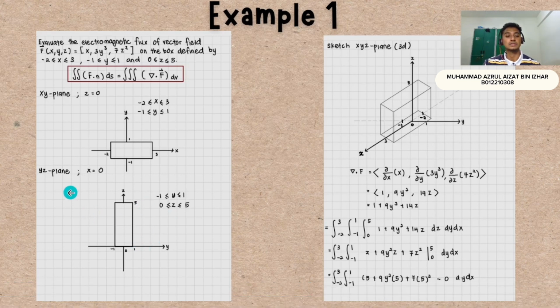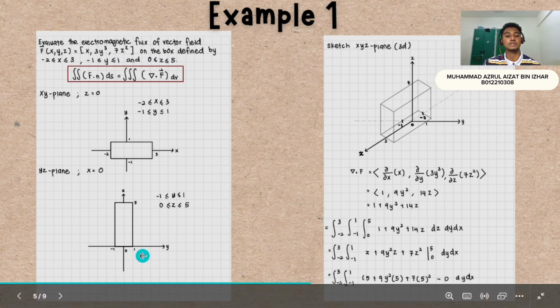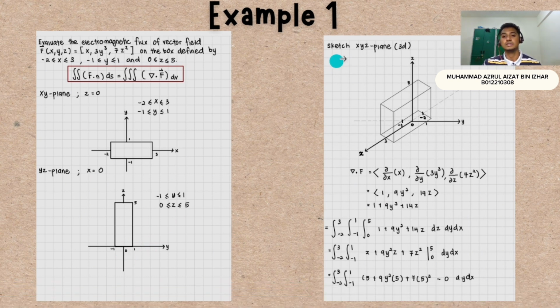This object we can see from the side view. Next we sketch the 3D xyz plane, and we get the box. Then we apply the divergence formula.